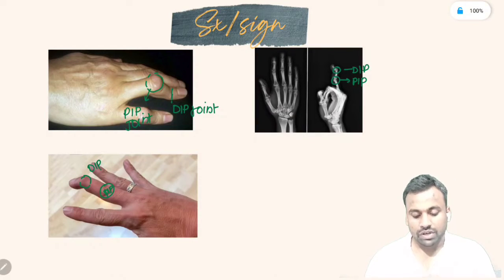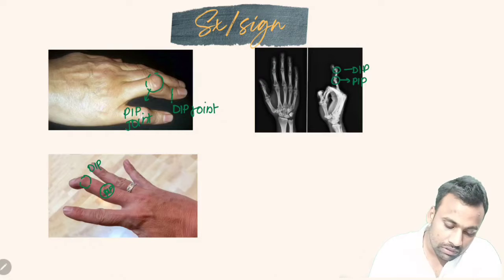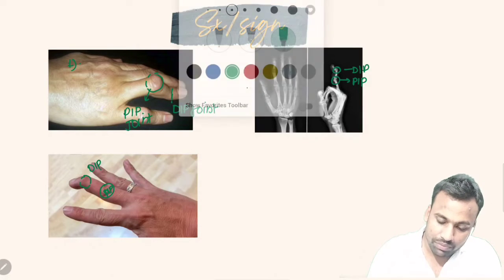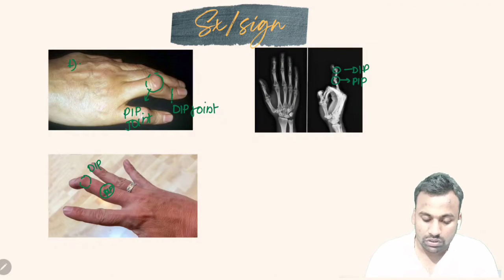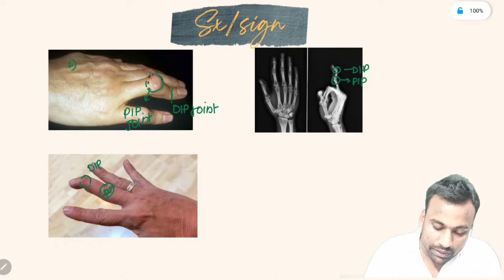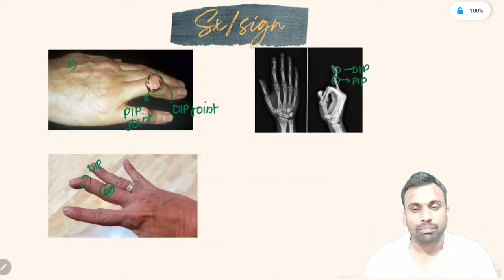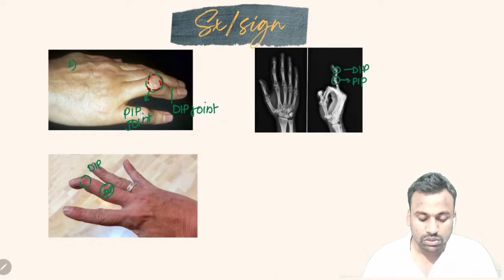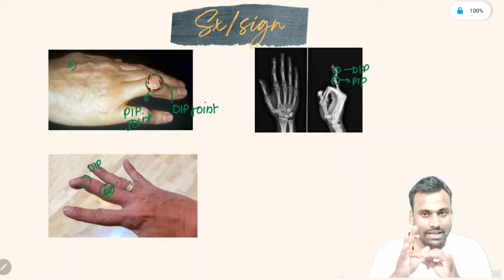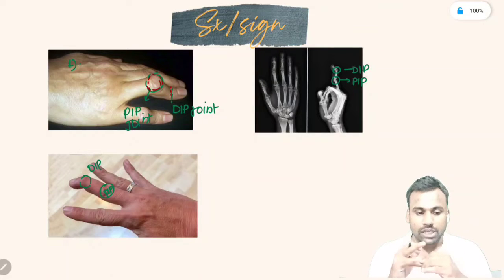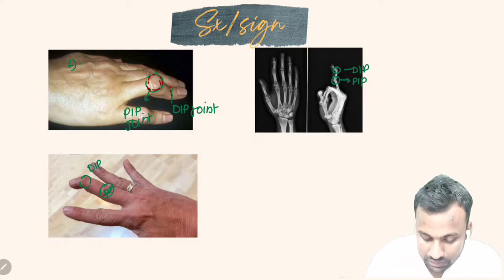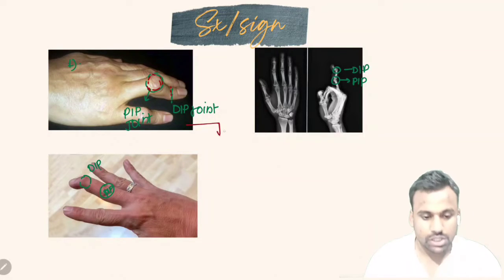What we mainly see in the first case is that the patient has swelling or inflammation at the PIP joints, and due to the swollen PIP joints, they get flexed, and the DIP is mainly in extension.